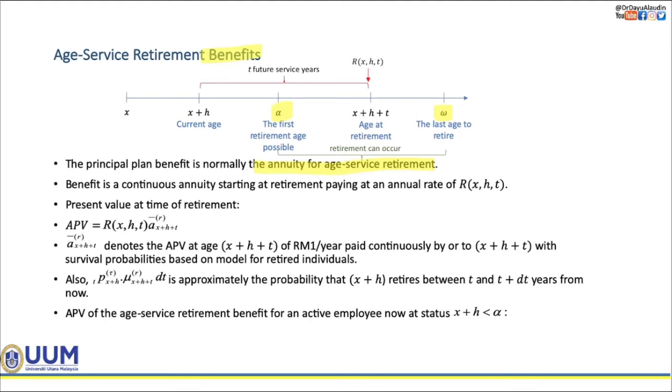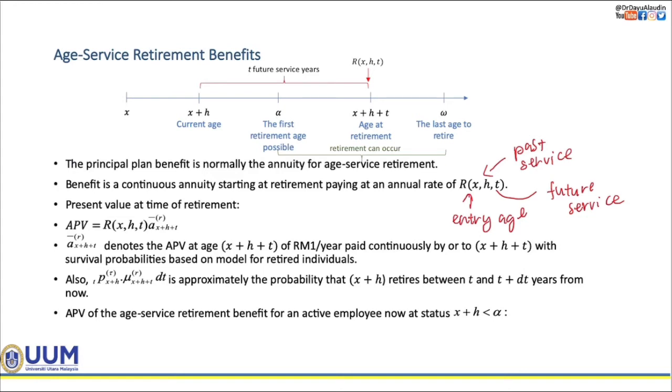So X plus H plus T is the age at retirement. The benefit is a continuous annuity starting at retirement, paying at an annual rate of RXHT, where X is the entry age, H is the past service, and T is the future service.